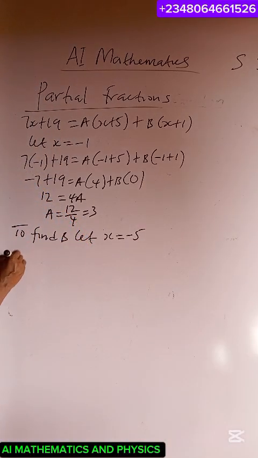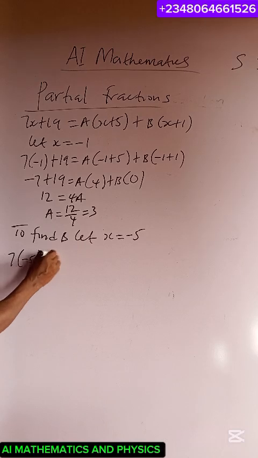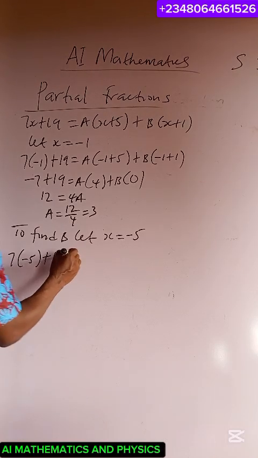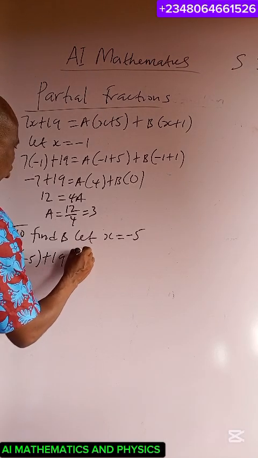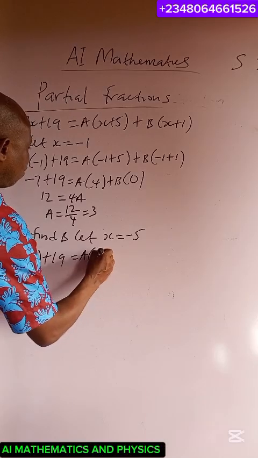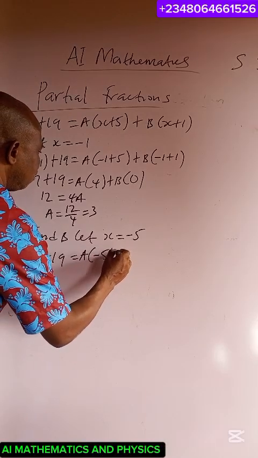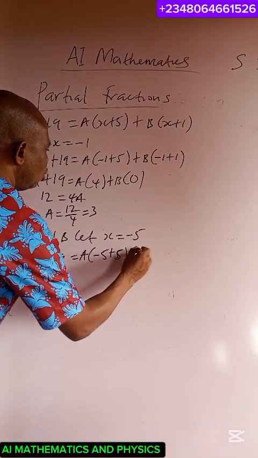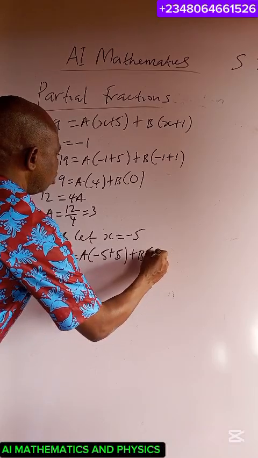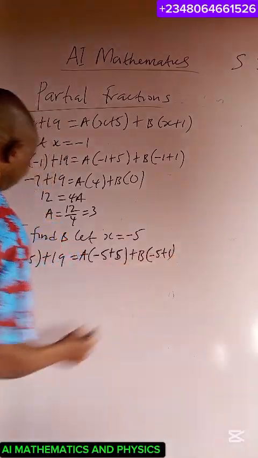We now have 7 minus 5 plus 19 equal to a minus 5 plus 5 plus b minus 5 plus 1.